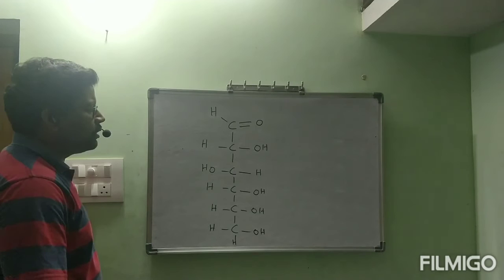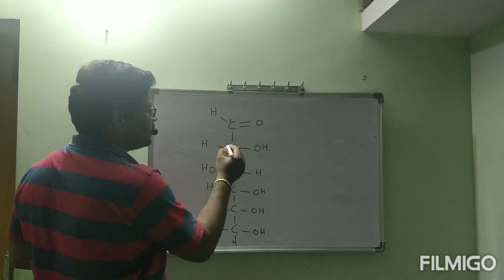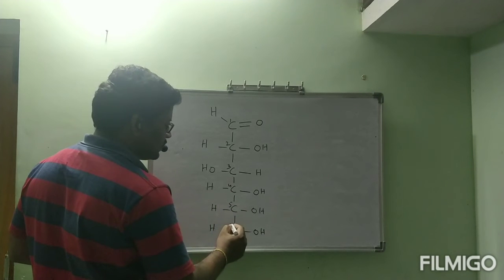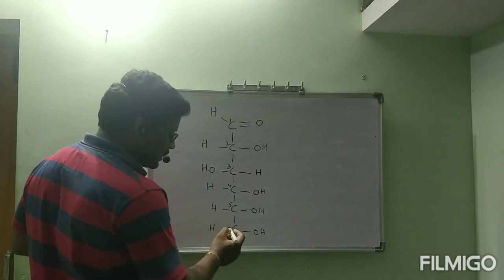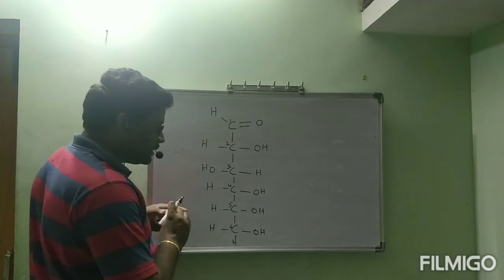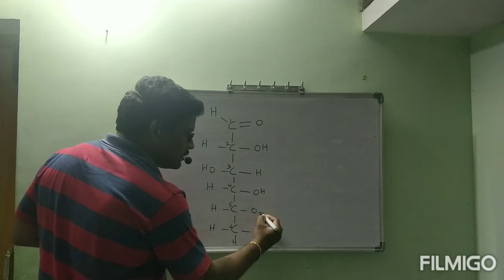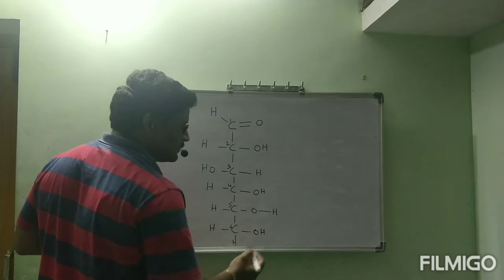See, all of you. First carbon 1, 2, 3, 4, 5, 6, 1. I am going to keep it like this. Now, on the fifth carbon, the OH is on the right side. I am writing this one like this.